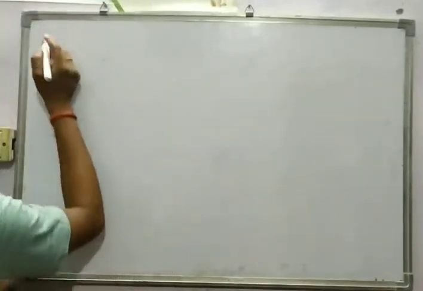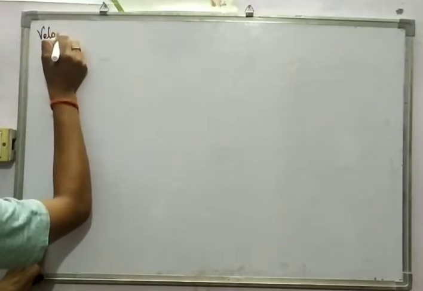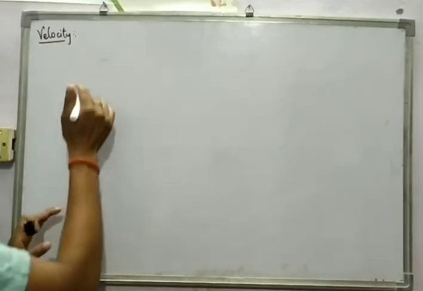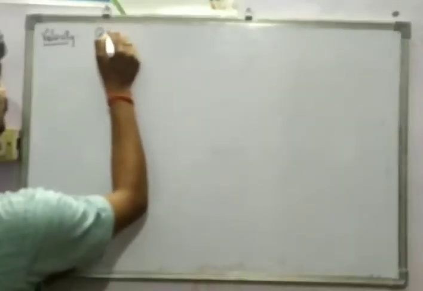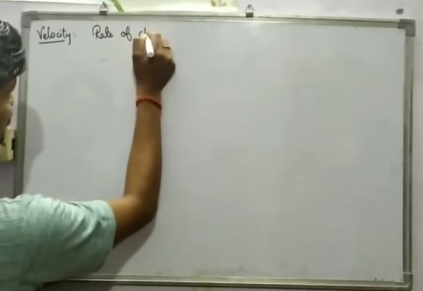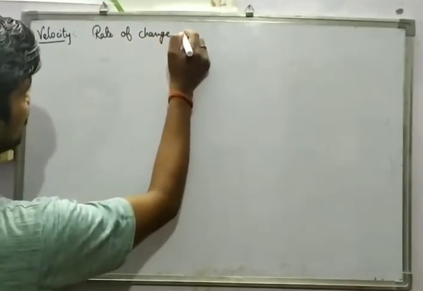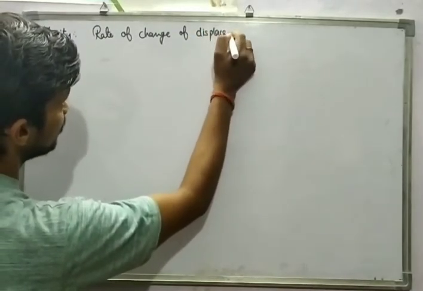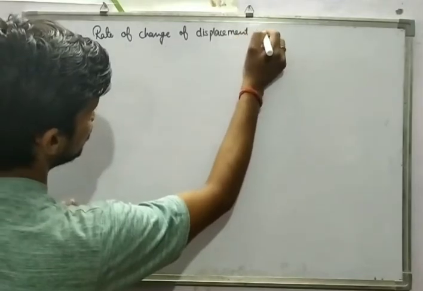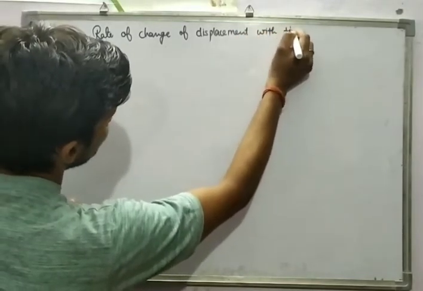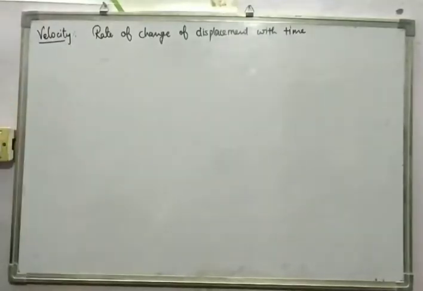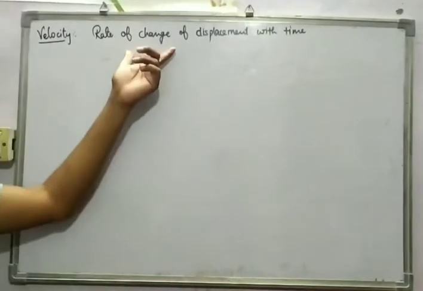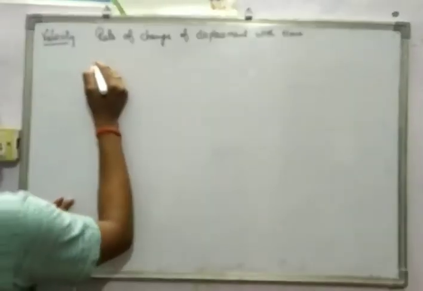So that time the speed will change to velocity. So velocity means the rate of change of displacement. Keep in mind, what we will call the rate of change of displacement with time. How the displacement is being changed with time. For example, you see, displacement was the final position minus initial position.